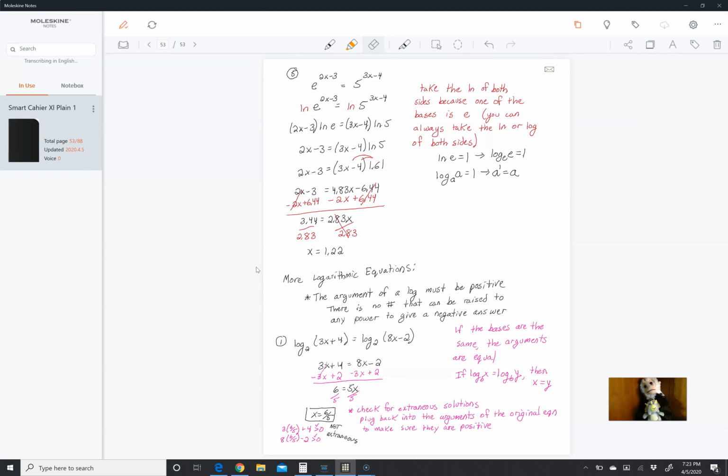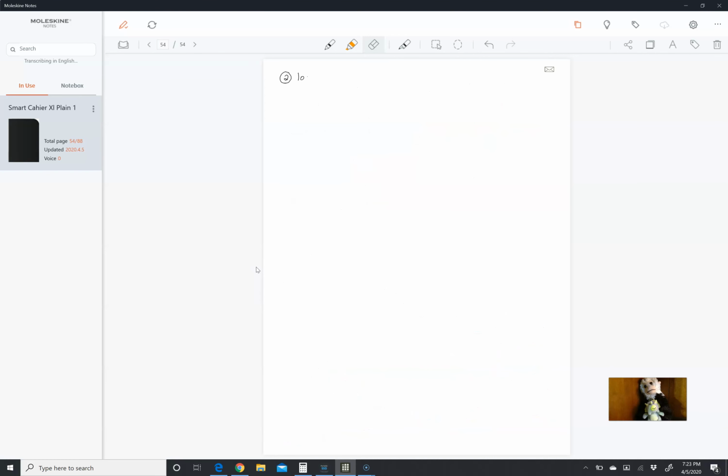Let's say that we have log of x plus 6 is equal to 2 times the log of 7. So here's the thing, both of these have the same base, but we can't set them equal to each other if there's a coefficient.